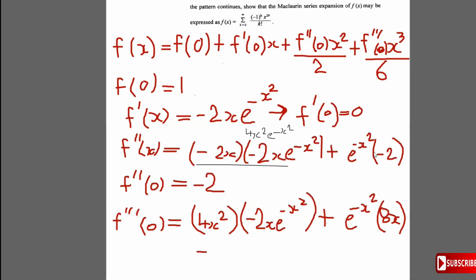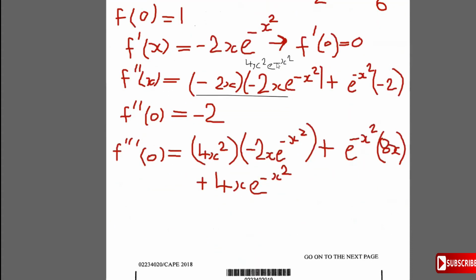When you differentiate minus 2e to the minus x squared, differentiating just the e to the minus x squared, you get minus 2x. And minus becomes plus. So you're going to get 4x e to the minus x squared. Nice. So now you can go ahead and find f triple prime of 0.